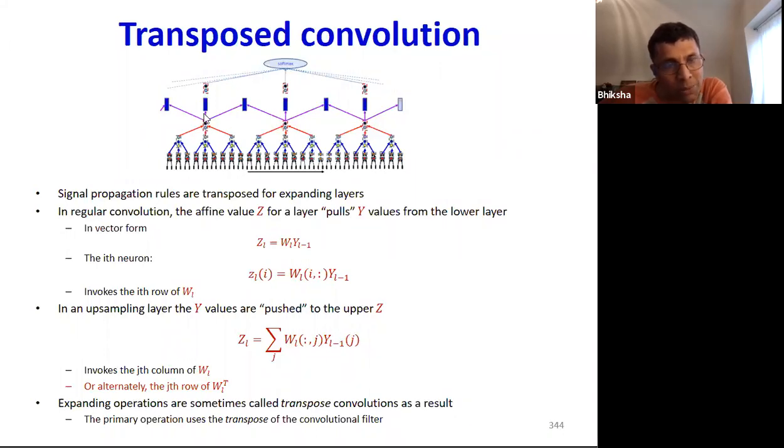Now, this one will be multiplying by the transpose of the weight matrix for the next layer, because it's pushing up rather than having these guys pull their values from below. These guys are pushing their values up, so they must be multiplied by the transpose of the filters, which is why the whole thing is called transpose convolution.